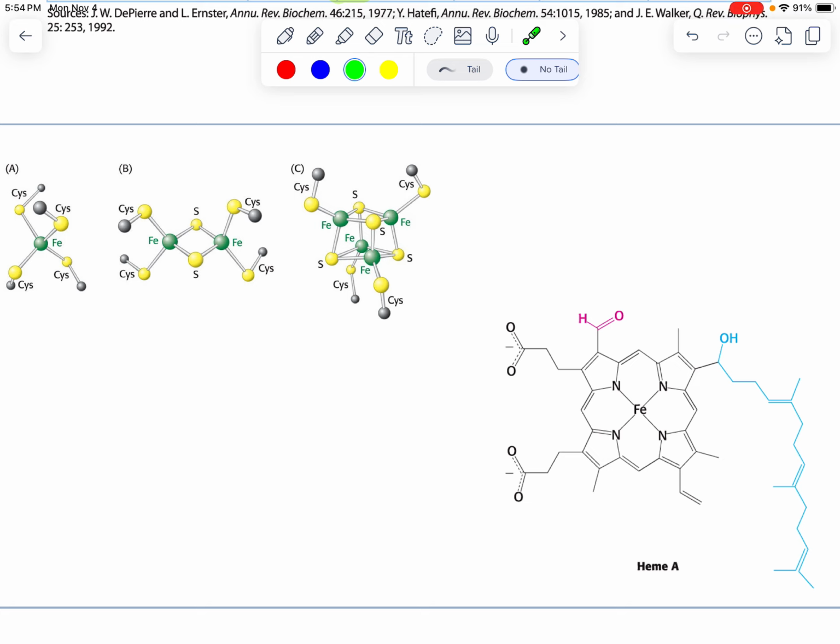Over here, we have our heme group. It's a little different from when we talked about hemoglobin. The iron in the oxidation state here is going to go from iron 2 plus to iron 3 plus, back to iron 2 plus, and so on and so forth. It kind of jumps back and forth between those.